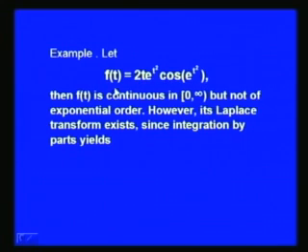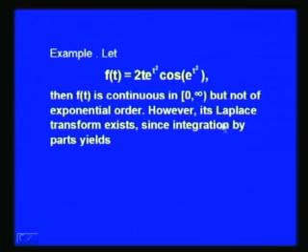So, their product is a continuous function in 0 to infinity, and therefore, it is a piecewise continuous function in 0 to infinity, but it is not of exponential order, as we can see, because e to the power minus at into f(t) for any a greater than 0 as t goes to infinity will not tend to a finite limit.